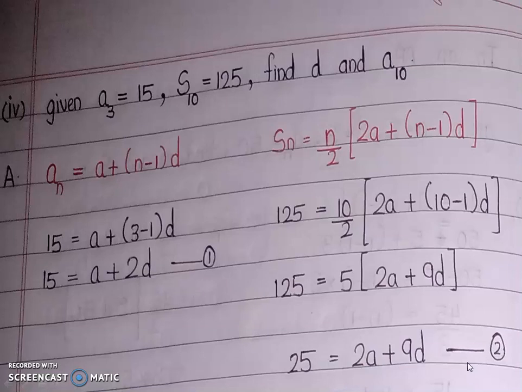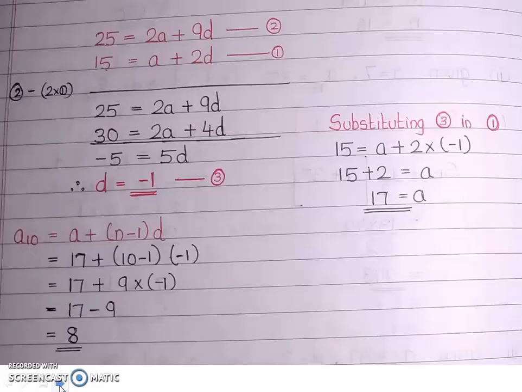How will you solve? This you know to solve by elimination method or substitution method. You can use any of the two methods. Here I used elimination method and to make the coefficient same, I multiplied this with 2. That is 15 into 2, 30, 2A and 4D. Then what did I do?